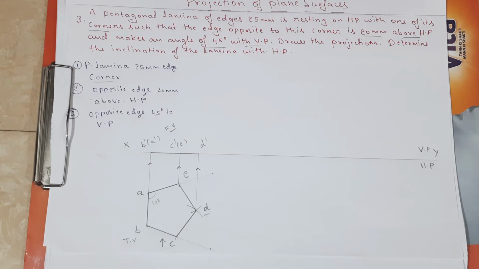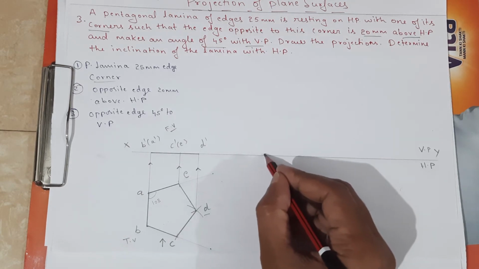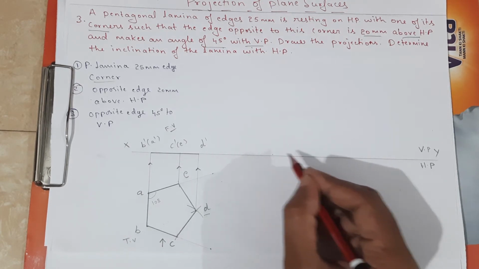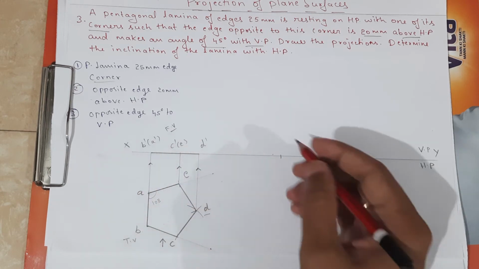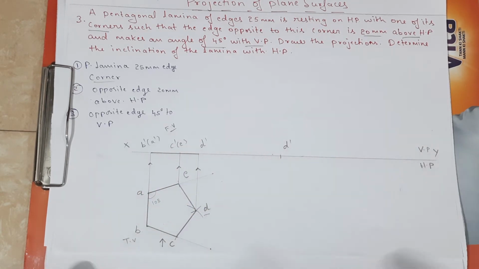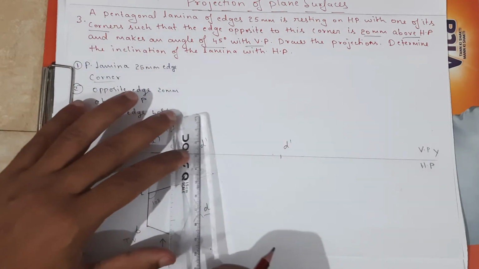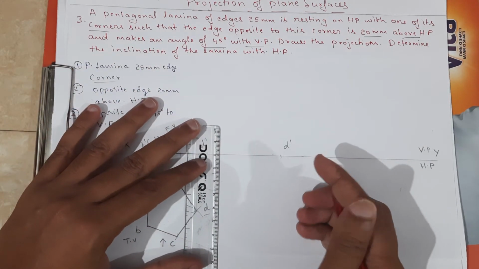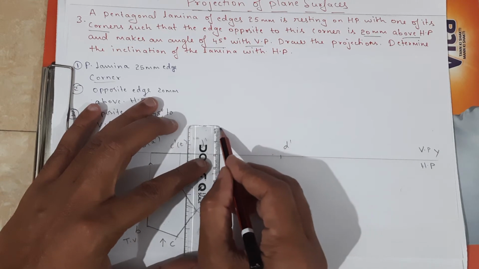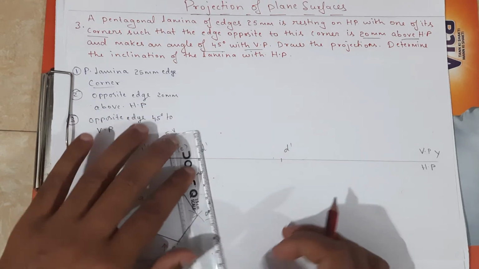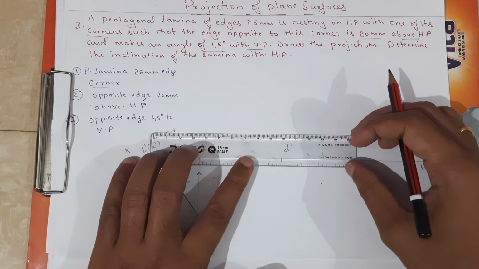Therefore, first I am going to fix the resting corner, that is D dash, at an appropriate distance. Pay attention. From the XY line, I am going to mark 20 mm above, as we did in the case of line problems.